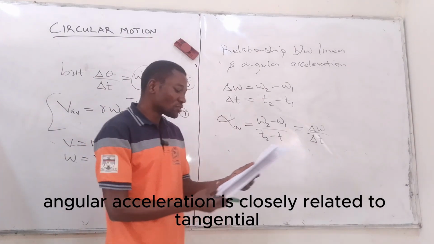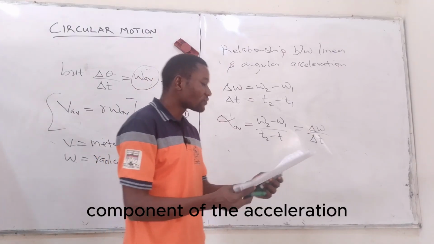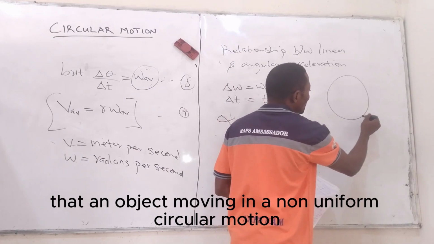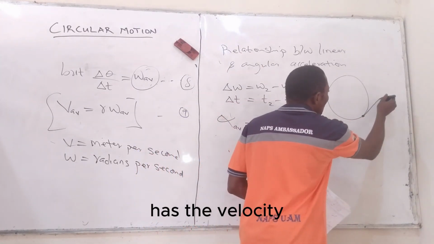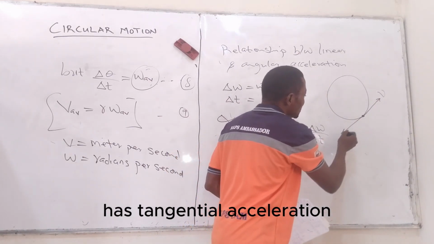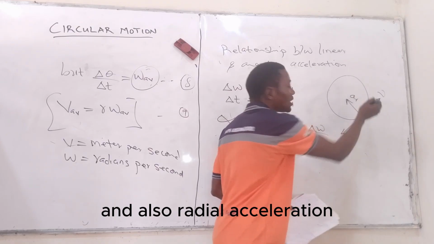Angular acceleration is closely related to the tangential component of the acceleration. Remember, an object moving in non-uniform circular motion has tangential acceleration and also radial acceleration.